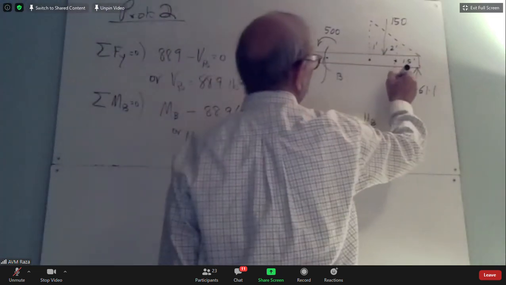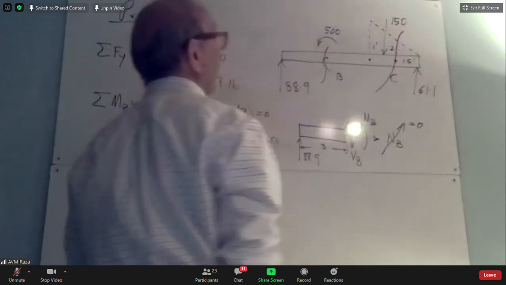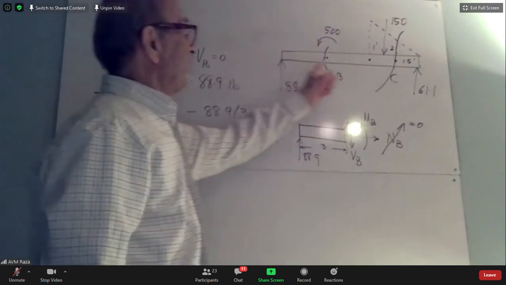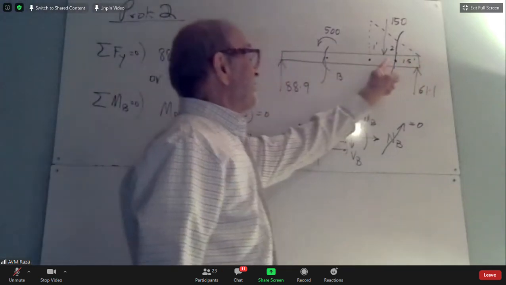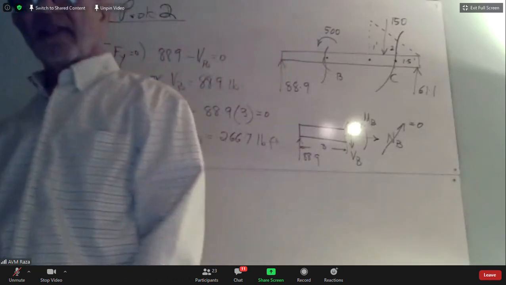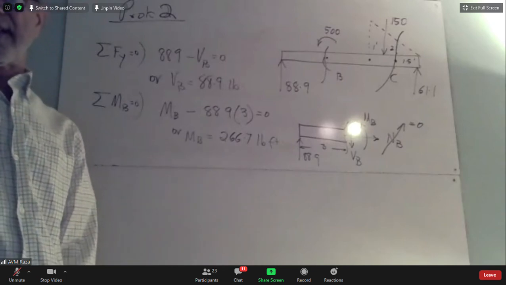This is my point C. So if I take a section there, I have the option now. I can draw either the left-hand side or the right-hand side. Because I have both the loads and the support reactions available, I think it will be easier if I draw the right-hand side. What do you say?